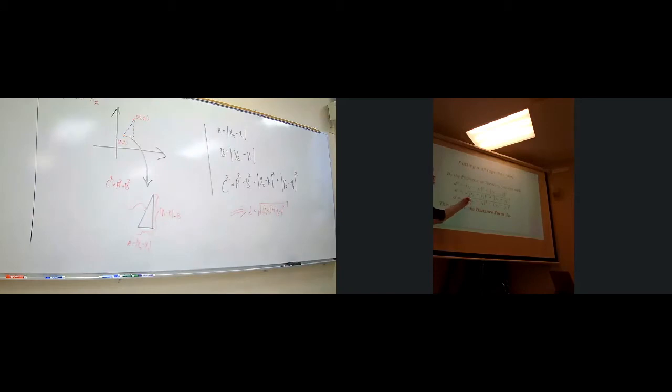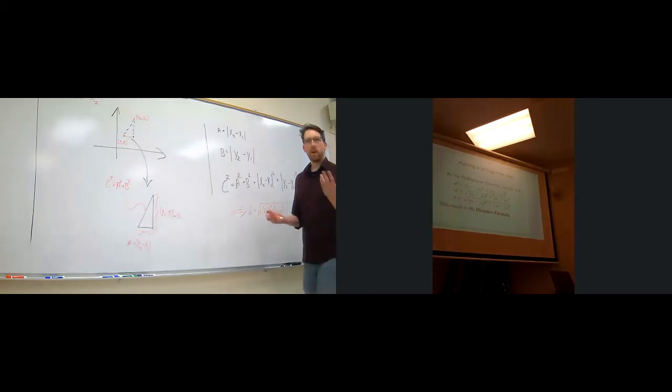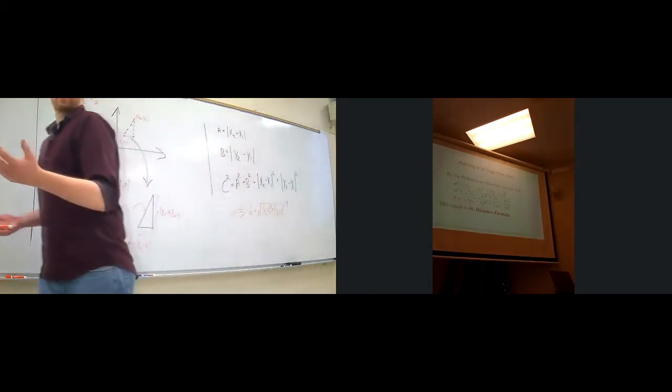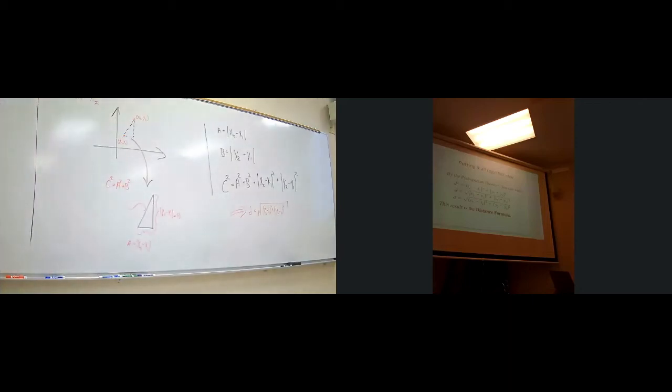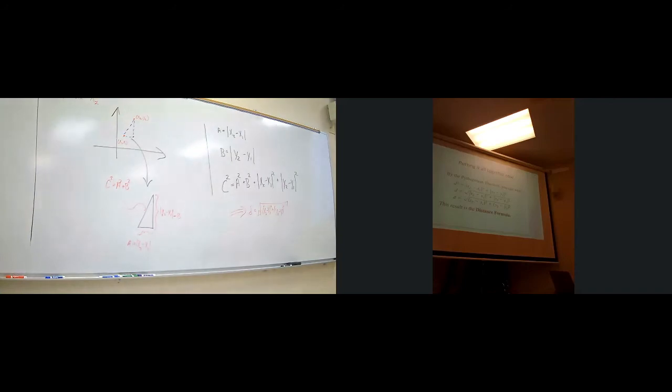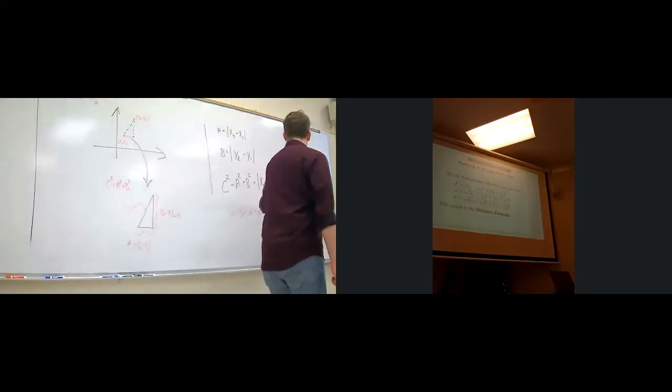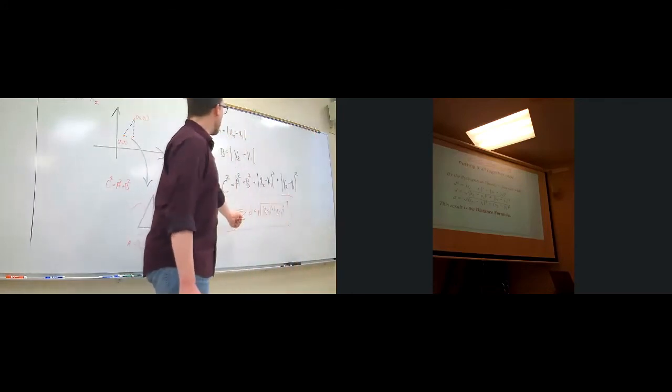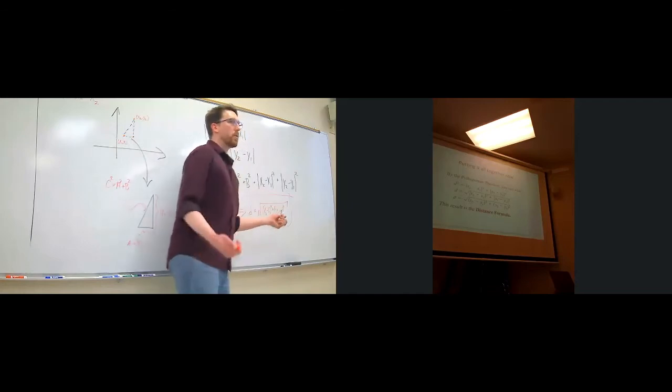But these absolute values, since we're squaring the quantity and they're just real numbers, they don't really do anything for us. So why don't we throw them out? Make sense? We call this the distance formula. This quantity here, this formula, it's called the distance formula.